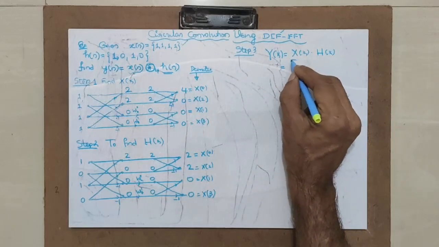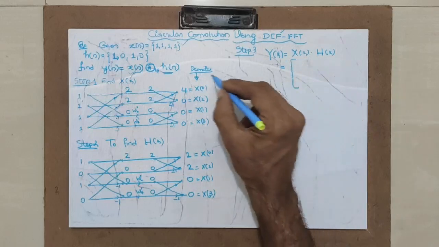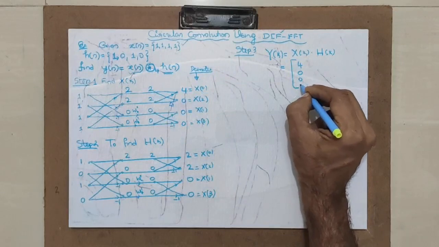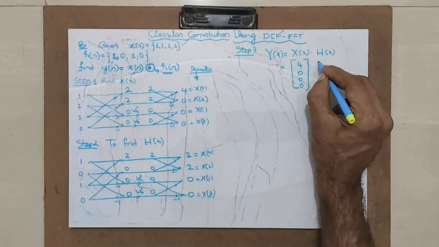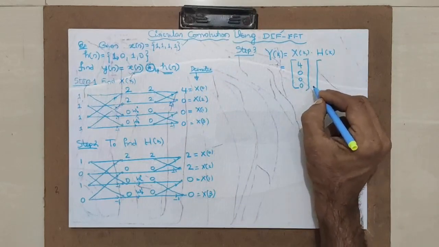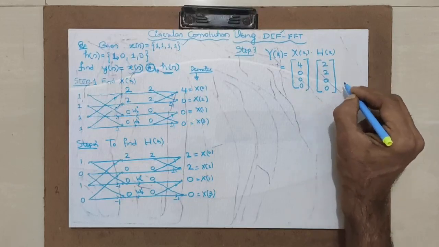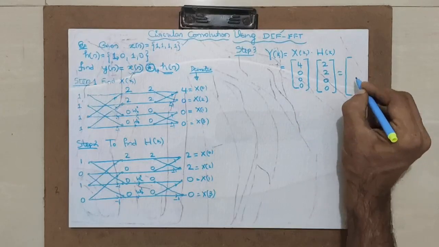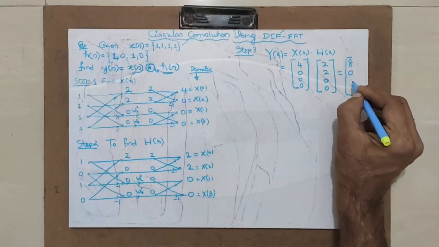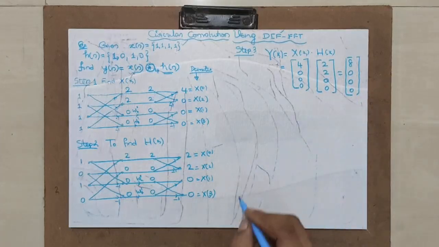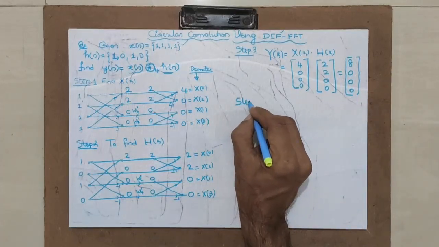Now x of k is what? 4, 0, 0, 0 multiplied by h of k, which is 2, 2, 0, 0. After you multiply, you get it as 8, 0, 0, 0. Now step 4.